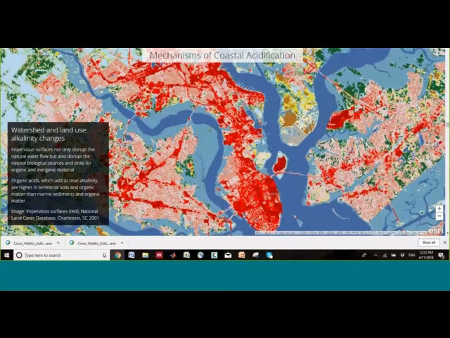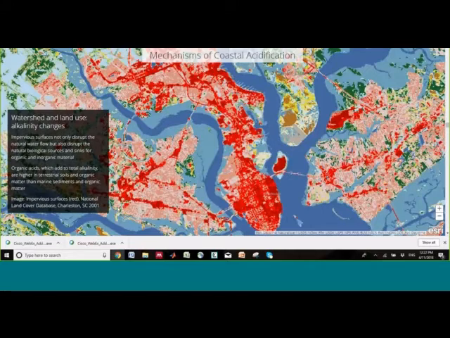Another mechanistic driver of coastal acidification that is directly influenced by land use or anthropogenic contributions is this idea of the impervious surfaces. So impervious surfaces not only disrupt natural water flow, but they also disrupt natural biological production, sinks for carbon and alkalinity.